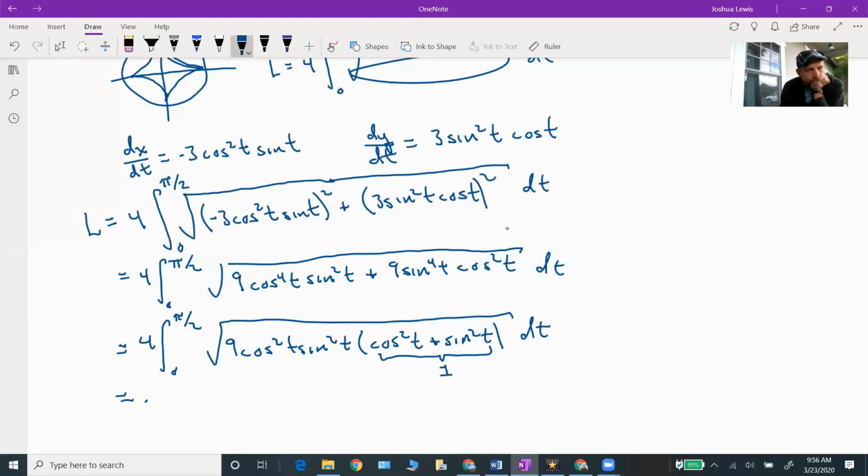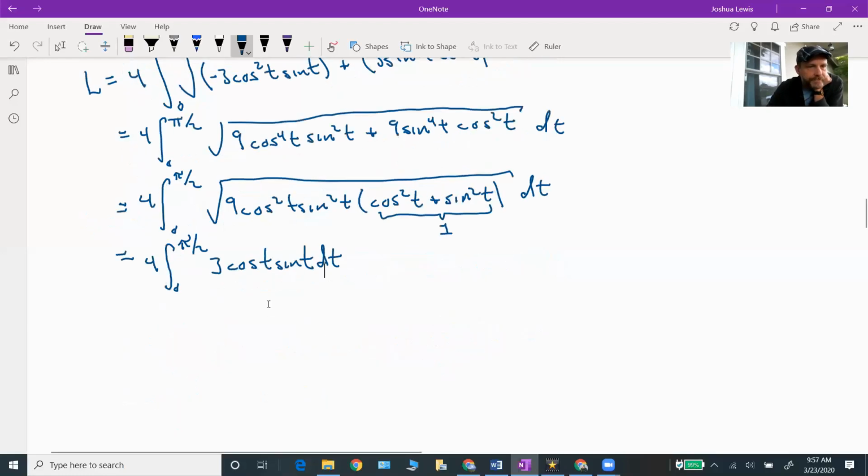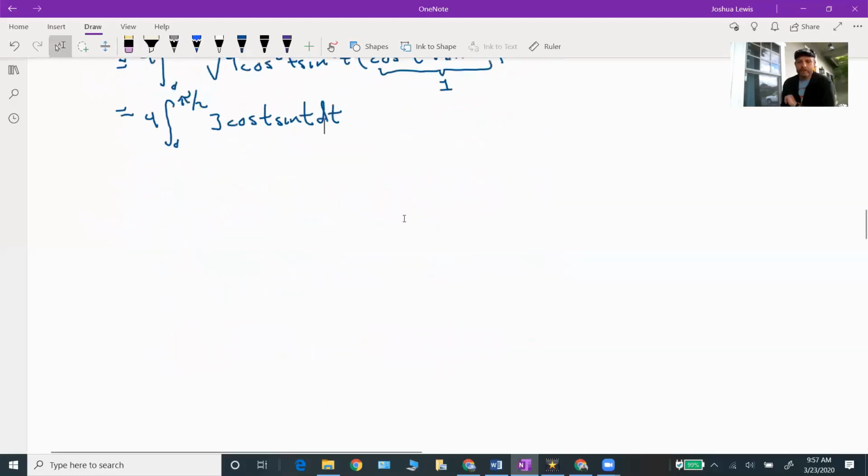And so I have 4 integral 0 to pi halves. And then take the square root here, and you got 3 cosine t sine t dt. And this is a lovely problem you might even see in like a Calc 1 course, because I can just bring that 3 out if I want.